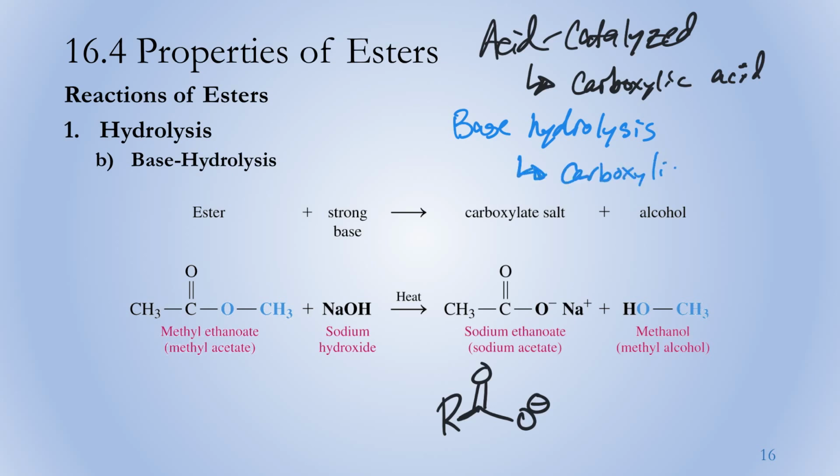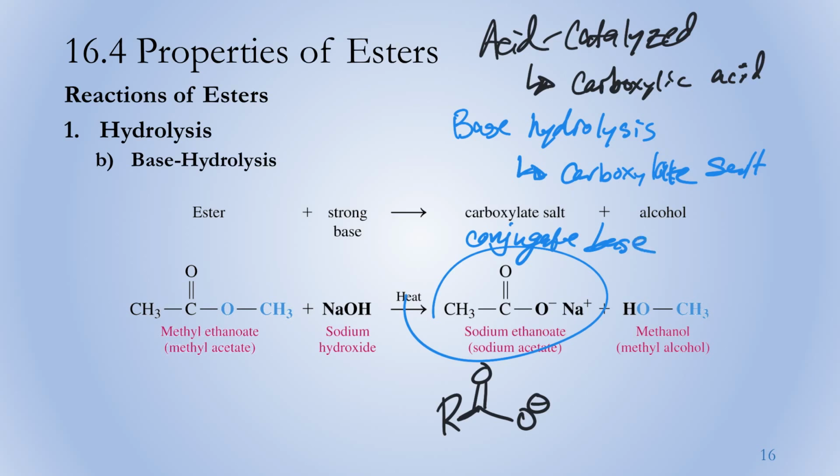If you remember anything from the first semester of this class, I'm sorry, talking and thinking and writing messed up. So carboxylate salt. This is a conjugate base of the carboxylic acid.